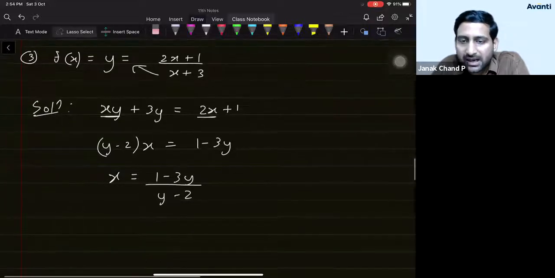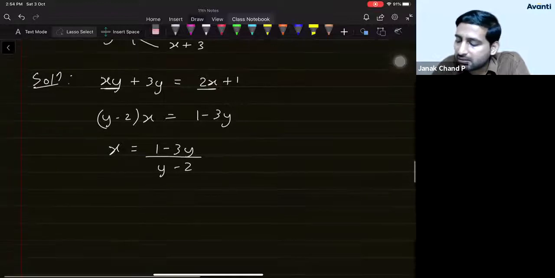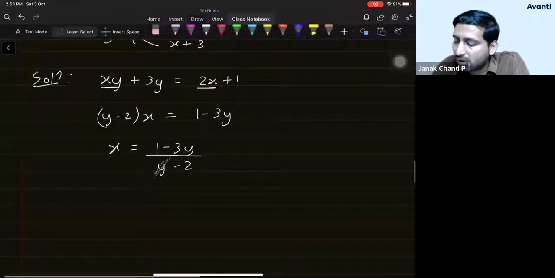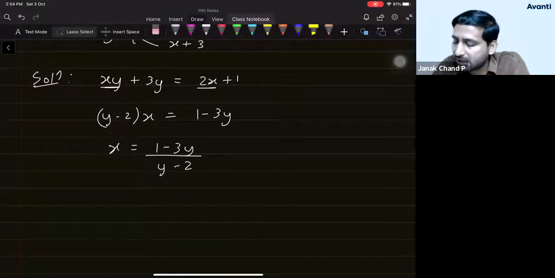So now, range is nothing but the collection of all the possible values of y. Can you tell me what is the collection of all the possible values of y that I can put here so that x is real? There is no doubt I can put all the real numbers here and here.